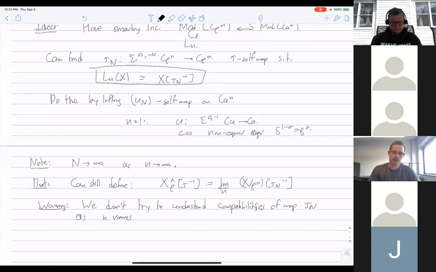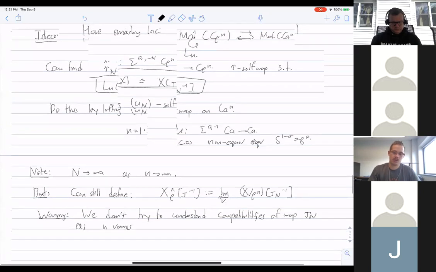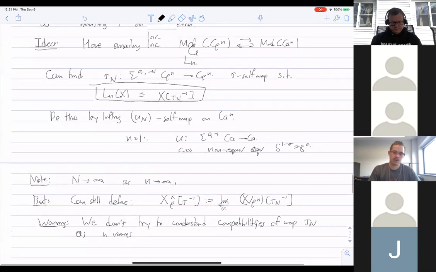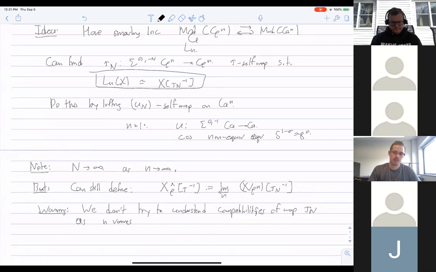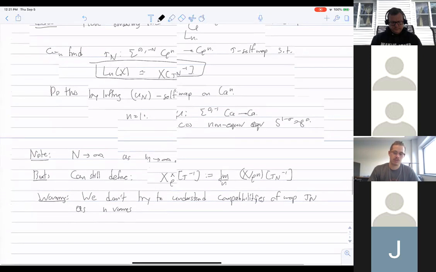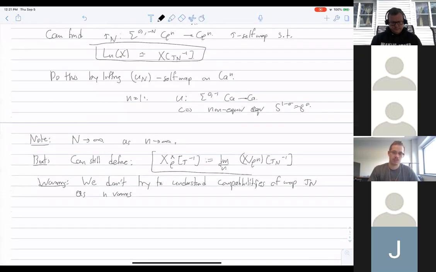Rather, we use the fact that I already have these smashing localizations for modules over the cofiber of rho to the n for all n. So I know after I invert the elements tau n that I have compatibility. In particular, I can form this inverse limit. So with this definition here in the box, the earlier assertions for homotopy groups hold.